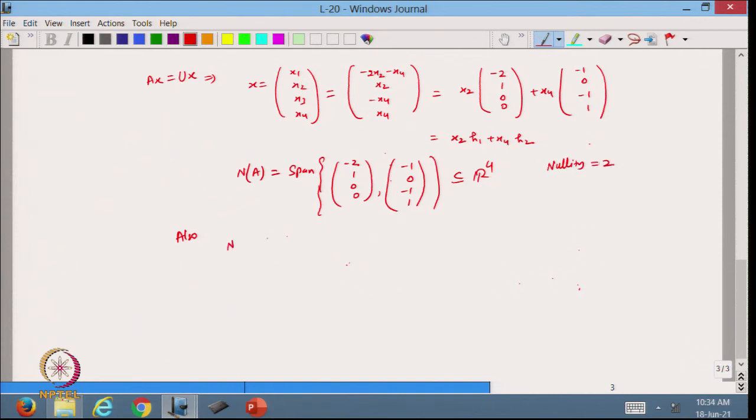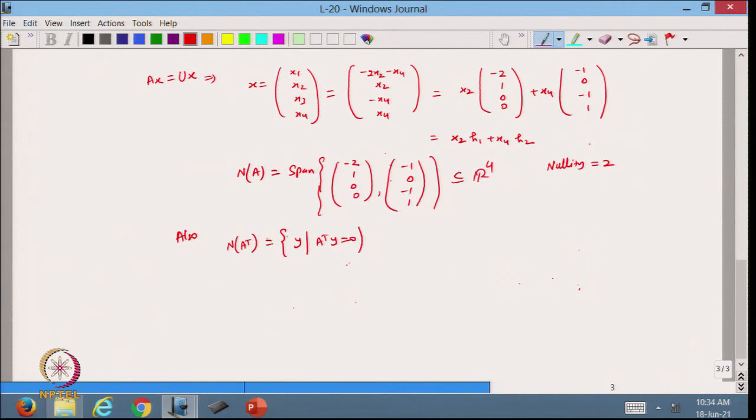Now, I want to find the null space of A transpose. The null space of A transpose contains all the y's such that A transpose y is equal to 0.